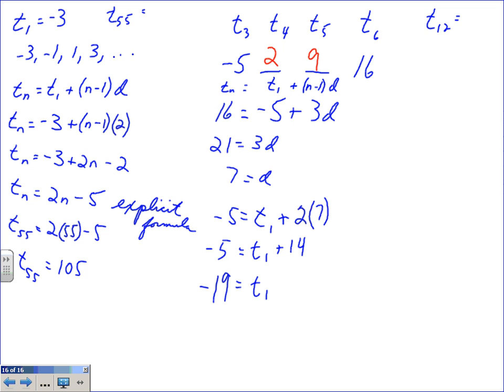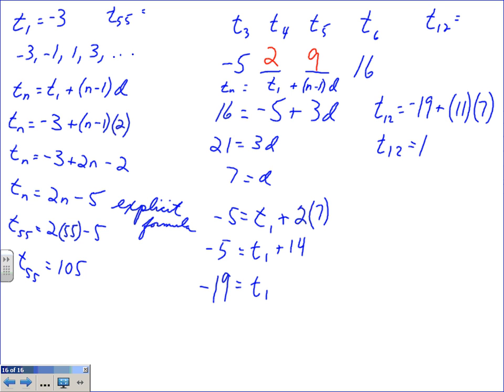Well, if we count backwards from 9 going this way, you subtract 7. Subtract 7. Subtract 7 for T2, you get -12. Subtract 7 to find T1, you get -19. Now that we know the first term, in order to find the 12th term, it equals the first plus 12 minus 1 times the common difference, which is 7.